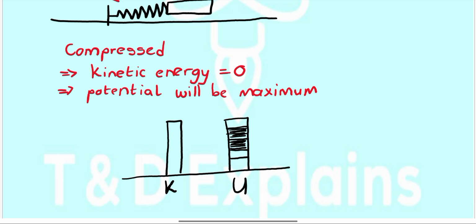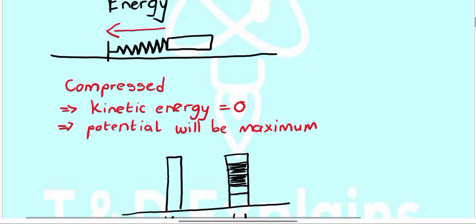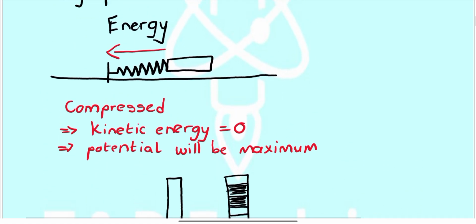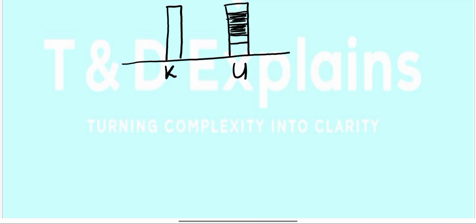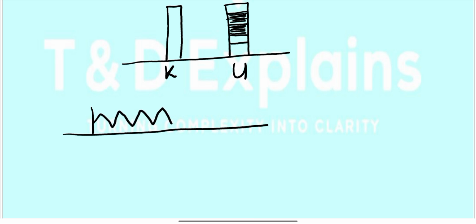This is how you can draw your energy diagram. Suppose that our spring was compressed, and now we release the spring and it goes back to the center.